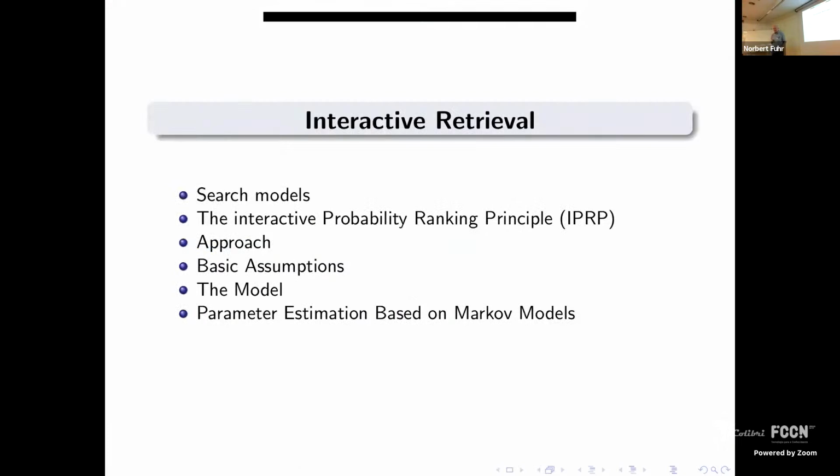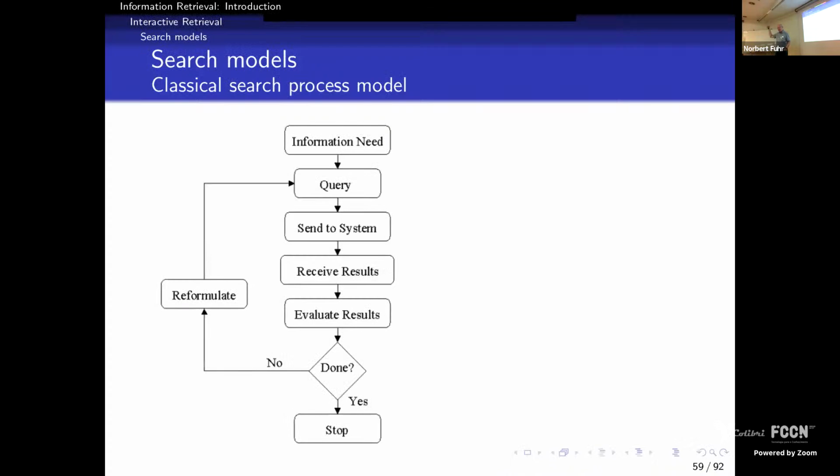Now, in the last part of my talk, I want to address interactive retrieval. So far we have just assumed that the user has a specific information need, and we want to find the best possible ranking for that. Well, the classical view on interactive retrieval is as follows. The user has an information need, formulates a query, sends it to the system, gets results, and evaluates the results.